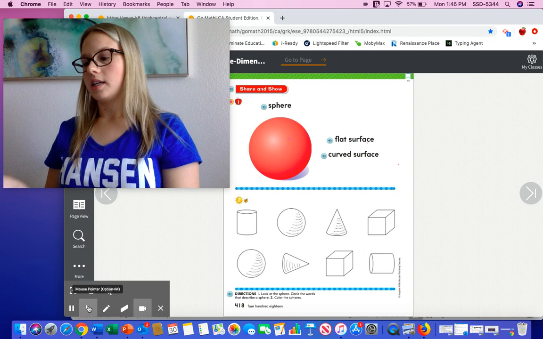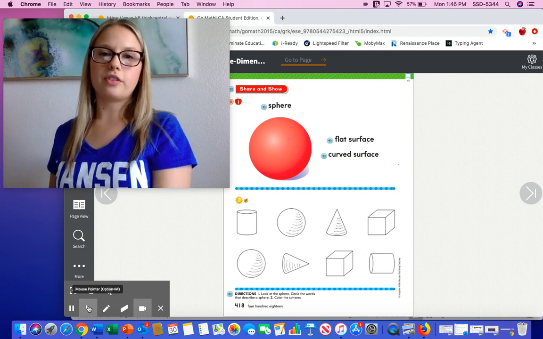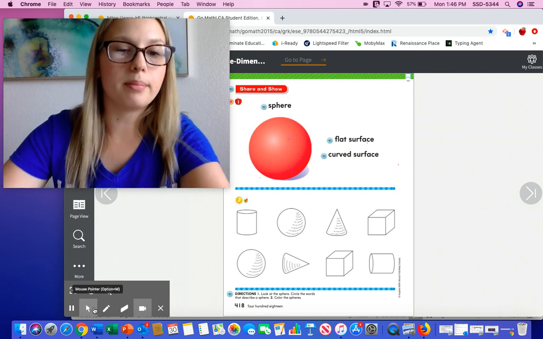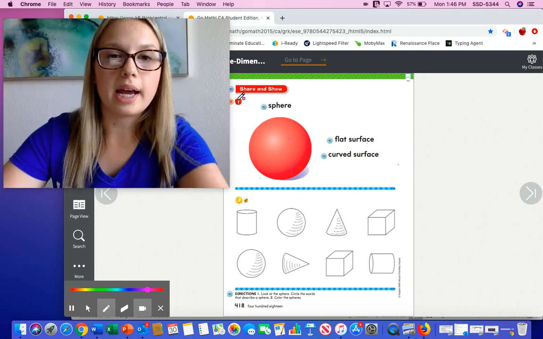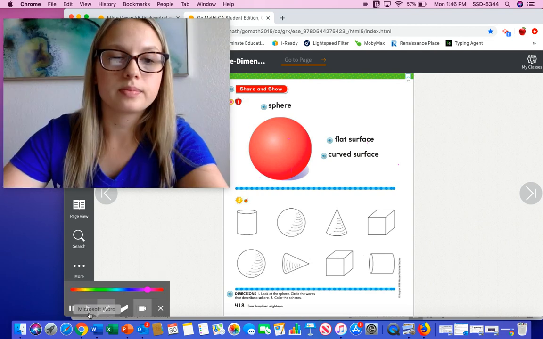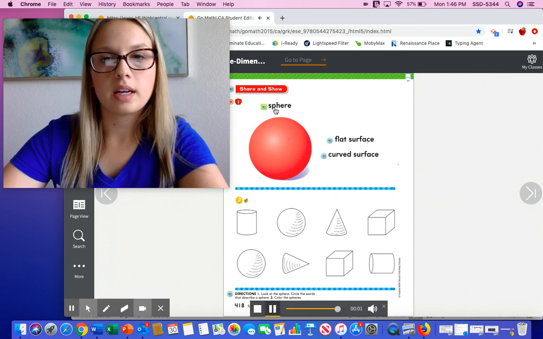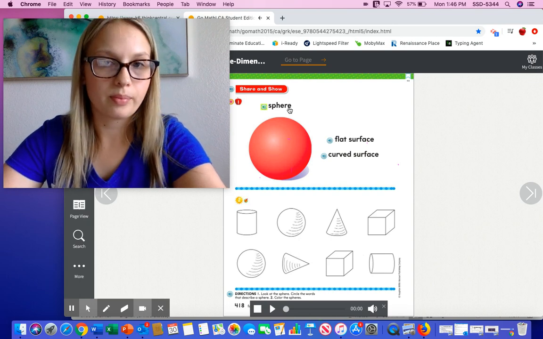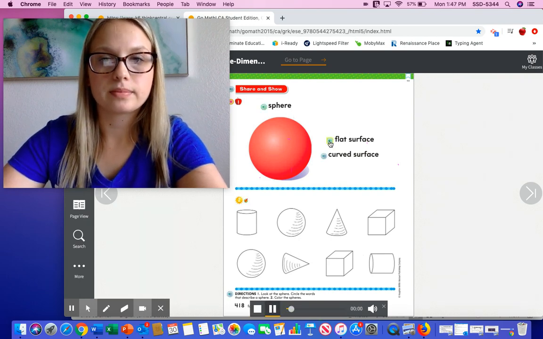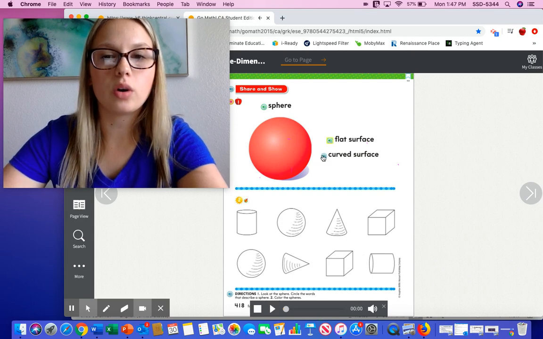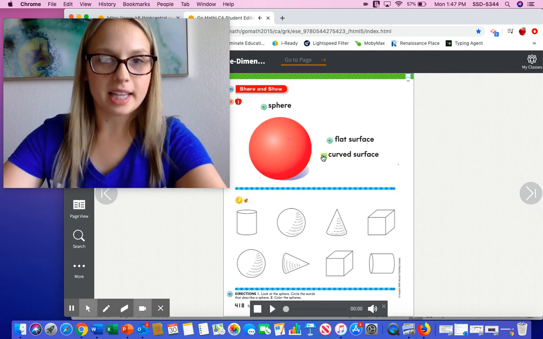Okay, so I would like you to find red apple number 1. Red apple number 1. It says sphere. Is it a flat surface or is it a curved surface? Let's take a good look.